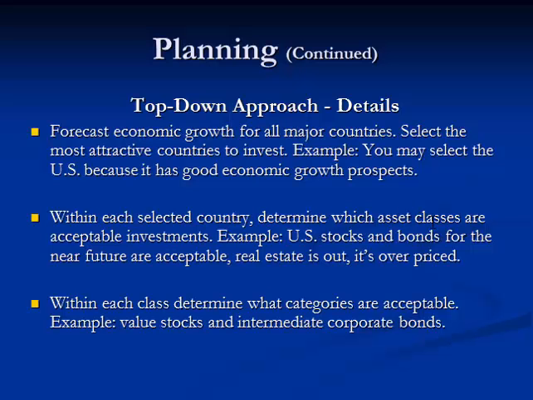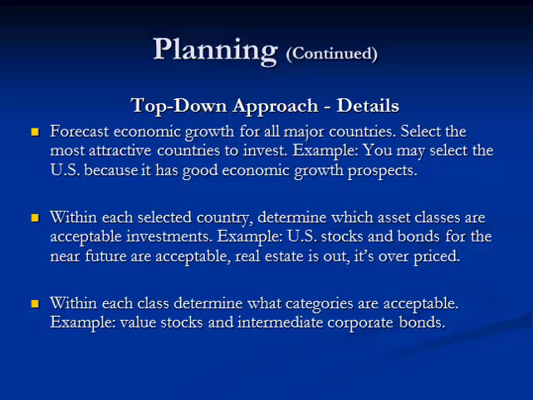Now, the second bullet here is, within each selected country, determine which asset classes are acceptable investments. For example, you may think U.S. stocks and bonds are acceptable, but you may not want real estate because it's overpriced.